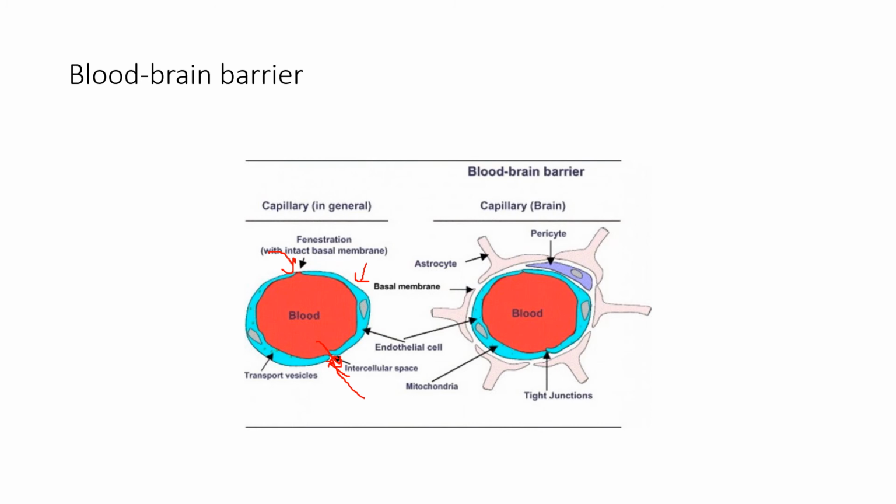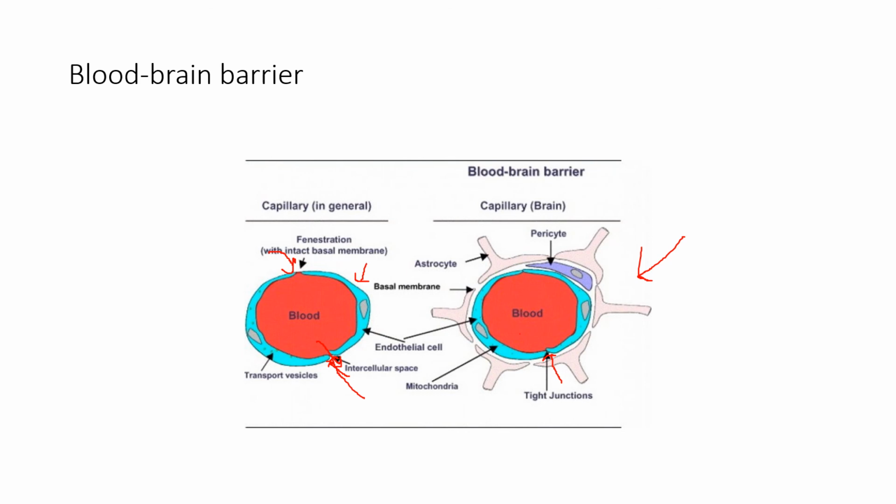In the blood-brain barrier, you have something more like this. So instead of having fenestrations and intercellular spaces, you have tight junctions, which basically seal the membranes of adjacent cells. So this closes up those spaces so that molecules and cells can't traverse the capillary wall as easily.